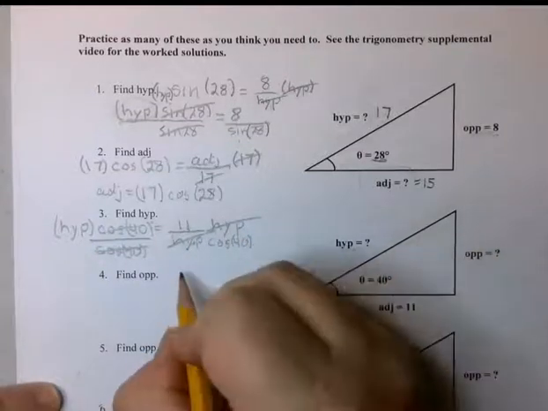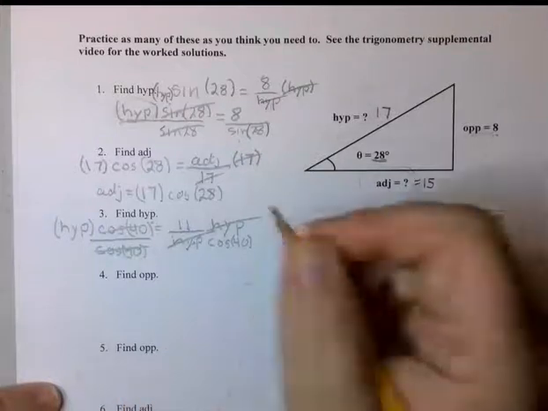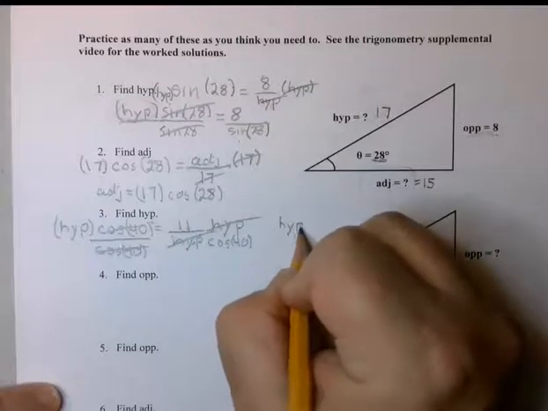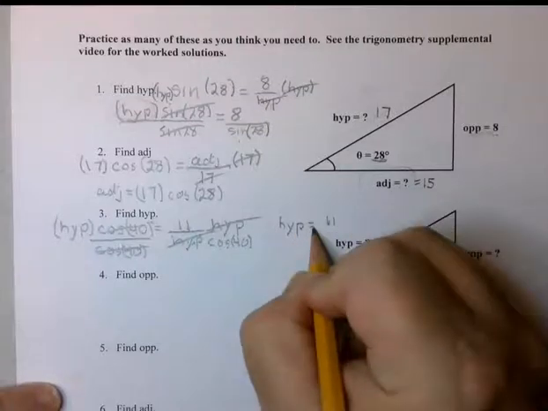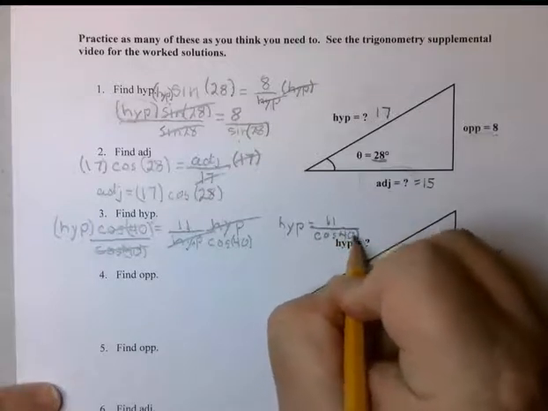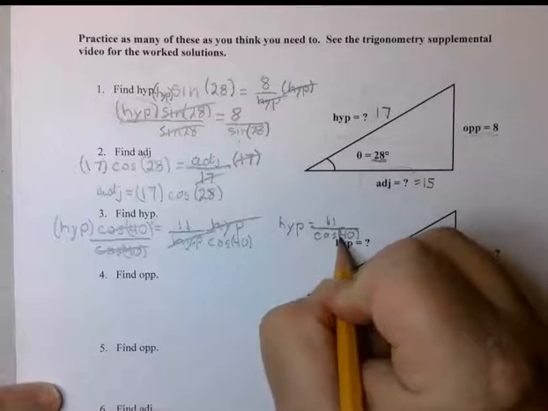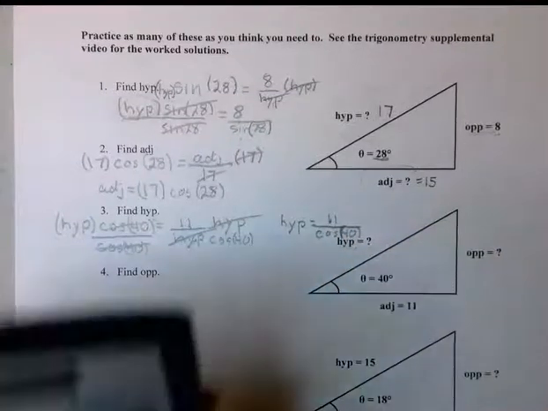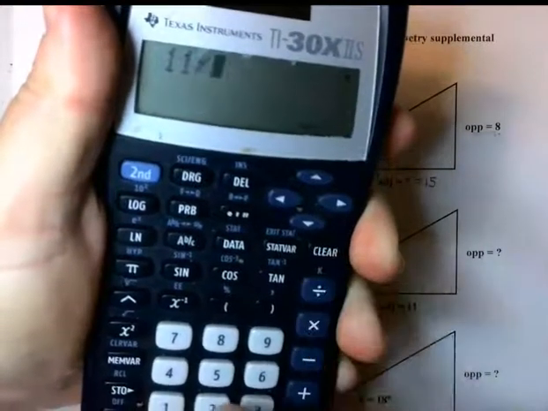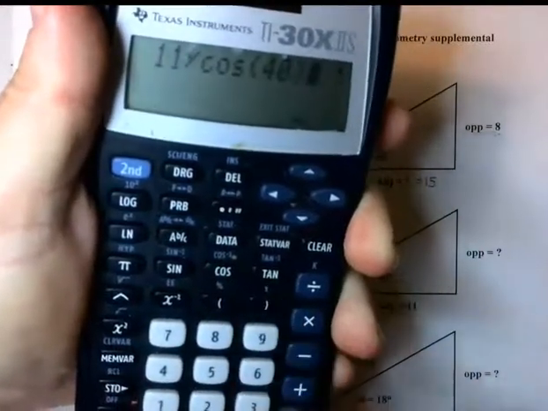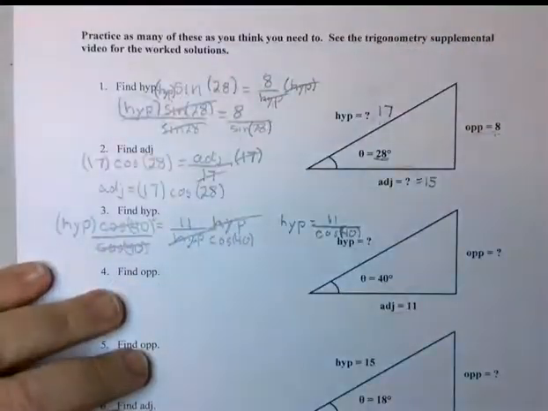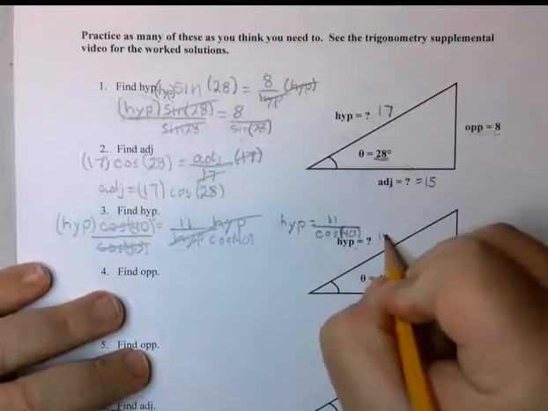And what you have is, I'll write it up here, hypotenuse equals 11 over cosine of 40 degrees. Okay, so on the calculator, from here, we have 11 divided by cosine 40, close the parenthesis, and you get 14.4. So the hypotenuse is 14.4.